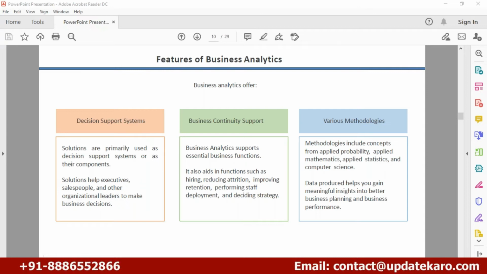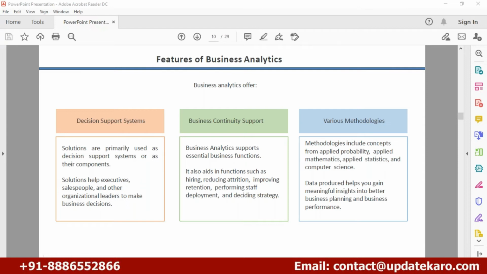Business analytics is a big success in the area of human resources management, where they use it to stop attrition. It helps in hiring too, when we need to hire and when we should not, and how to improve retention and employee satisfaction. That's performing staff deployment, when we should do staff deployment. All these things can be done.